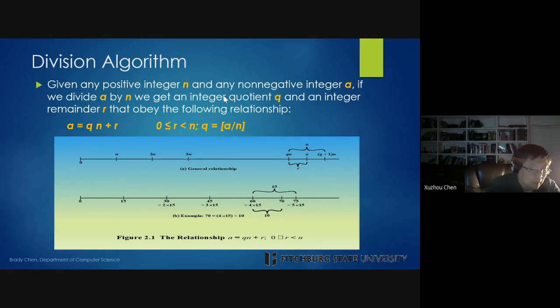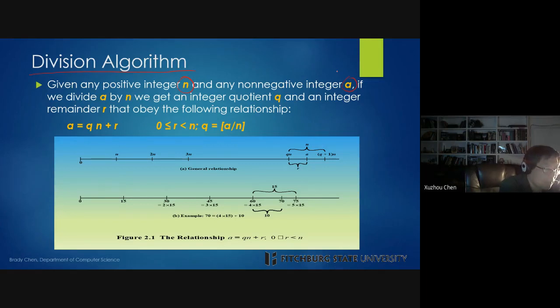So now let's actually build some algorithm, the division algorithm. Let's give it a positive integer n, and any non-negative integer a.